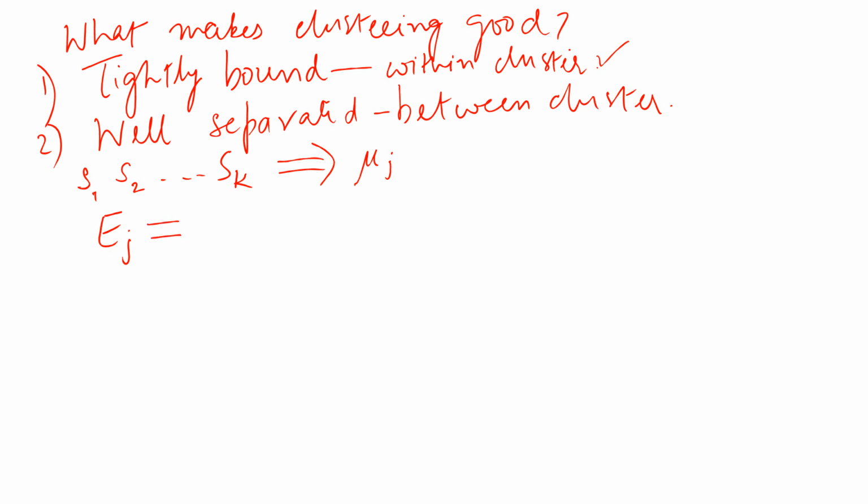Okay, so this is equal to, for any point xi, and then sum up the distances. So I'm saying each of these xi's belongs to S sub j because I'm calculating it for the cluster j. And then the center for cluster j is mu j, and squared, right?